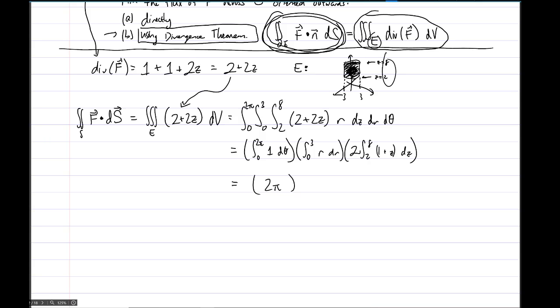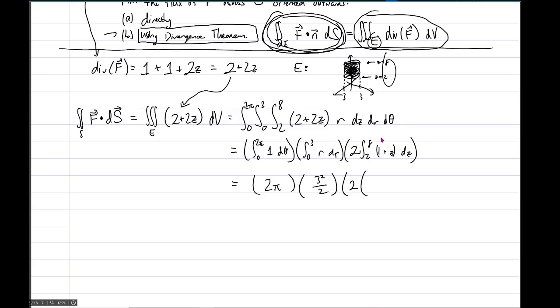All right, so that first integral here is going to be 2 pi. The next integral is going to be r squared over 2. Plug in 3, then plug in 0. The plug in of 0 simplifies to 0, fortunately for us. That doesn't always happen. So we'll just end up with 3 squared over 2 for that. For the next integral, let's just copy the 2, and then we have to integrate 1 plus z, which will be z plus z squared over 2.